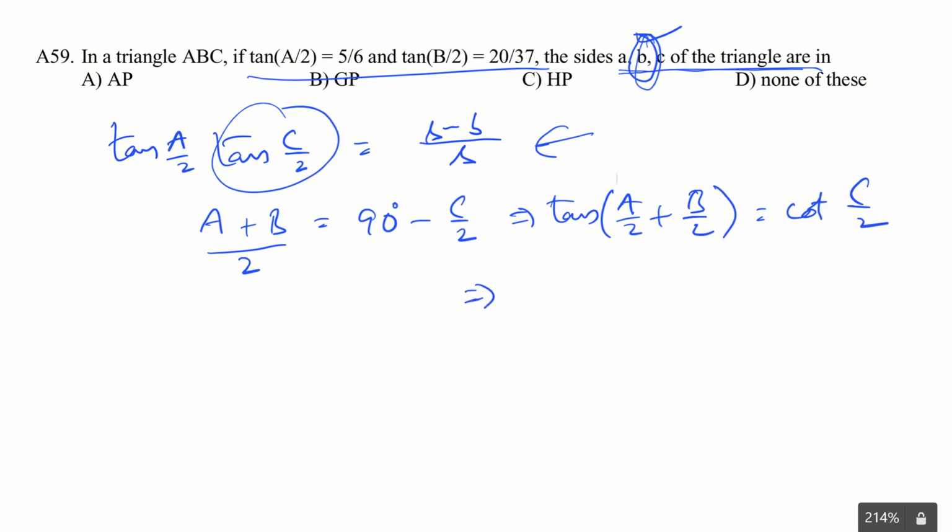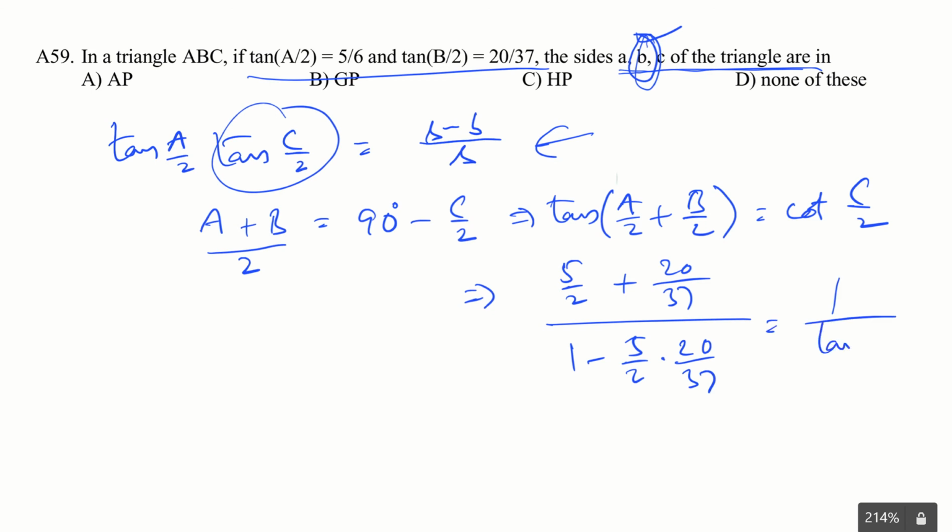So from this I get (tan A by 2 plus tan B by 2) by (1 minus tan A by 2 into tan B by 2) is equal to 1 by tan C by 2. And simplifying, you will get tan C by 2 as 122 by 305.